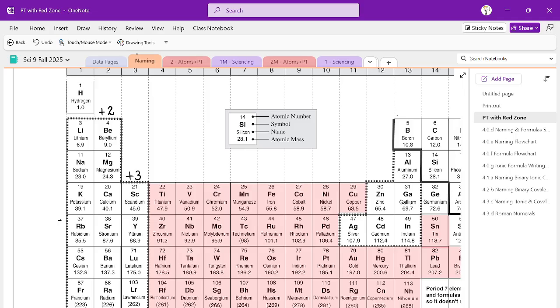And then as we continue to move across, we hit what I like to call the red zone. I know it looks more like pink, but if you make it really red, then you can't see the names of the elements underneath. So this is the red zone on your periodic table. And the red zone elements are kind of weird. They can have different charges depending on who they're with, what they're doing.